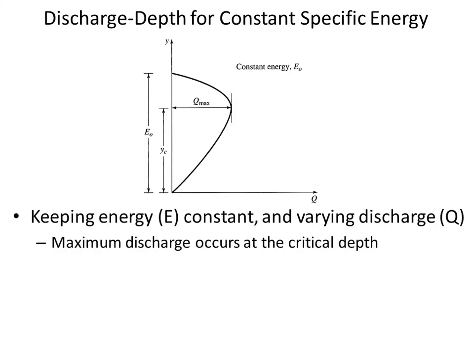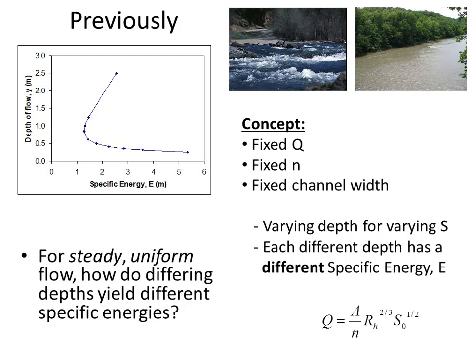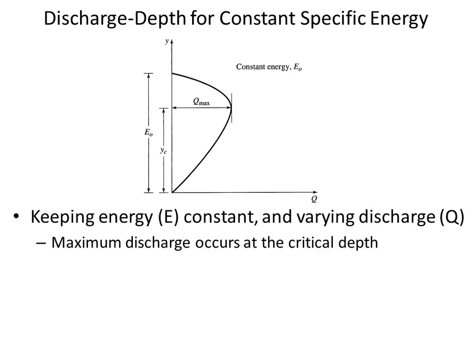Okay, so this graph, the specific energy diagram, is one way of visualizing the energy situation for fixed flow rate, roughness value, and channel width. Now, this is a little bit different. Along this curve, everywhere on this line, the flow has the same amount of specific energy. On the x-axis is flow rate, and on the y-axis is depth.